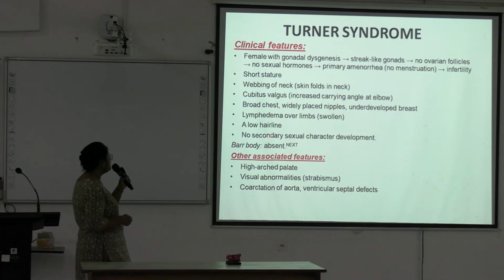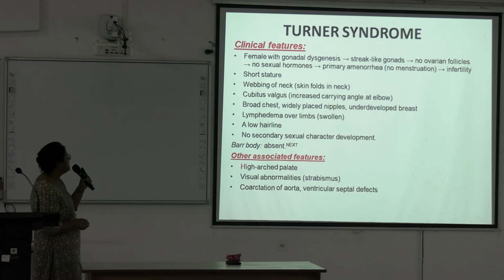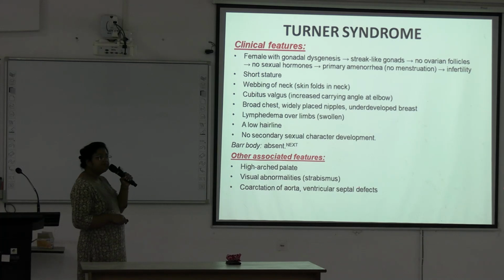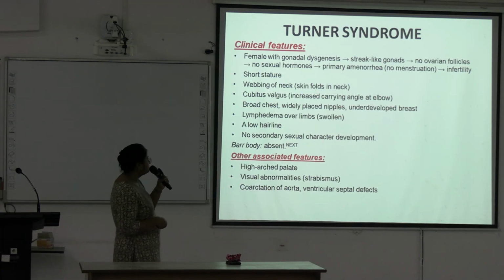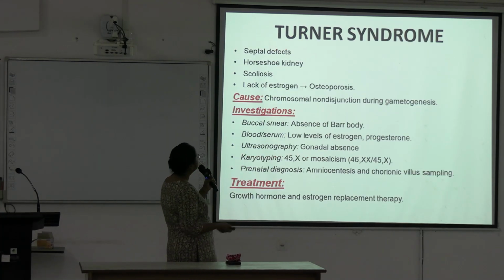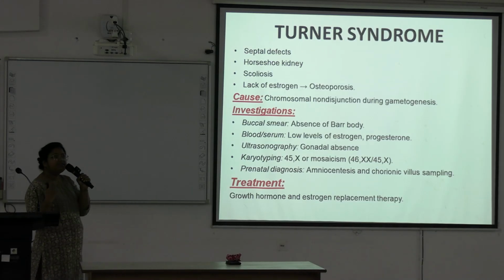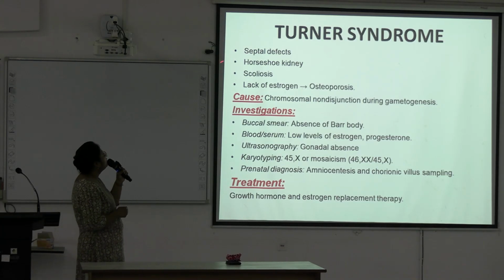Other associated features are a high-arched palate, visual abnormalities, that is strabismus or squint, coarctation of the aorta and ventricular septal defect. These are cardiovascular system defects. There will be septal defects, the nasal septum may also be defective.